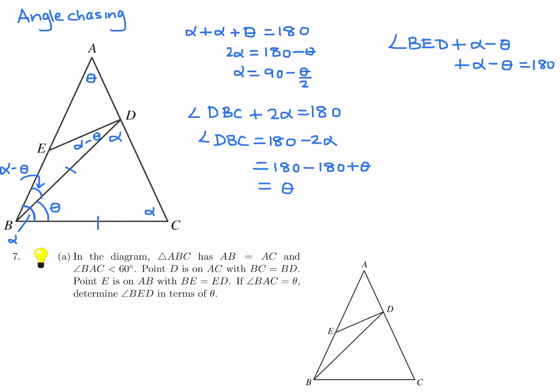Well, let's see what we can do here. Angle BED. This becomes 2 alpha, of course, and 2 alpha is 180 minus theta. So 180 minus theta. And then these two add up to negative 2 theta, so negative 2 theta. And that all equals 180.